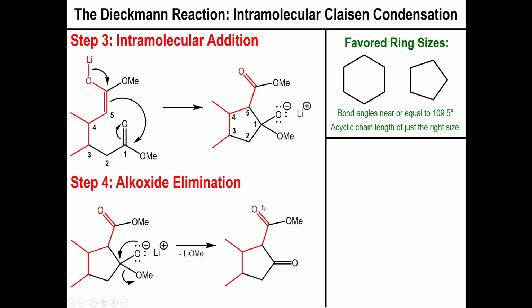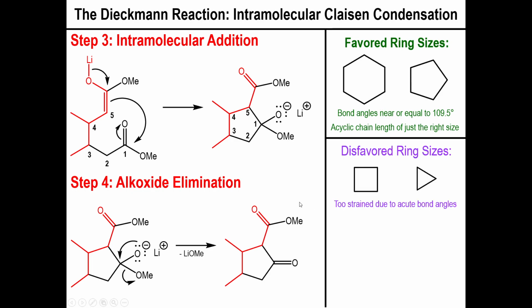And the thing to highlight right here is that this type of intramolecular cyclization, which is a Claisen condensation, technically speaking, is best approached when the rings you're forming are 6-member rings or 5-member rings. They have the best bond angles, the least amount of strain, so it works great when you're forming those type of rings.